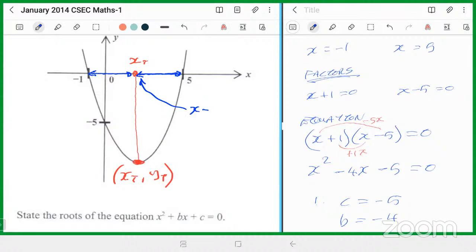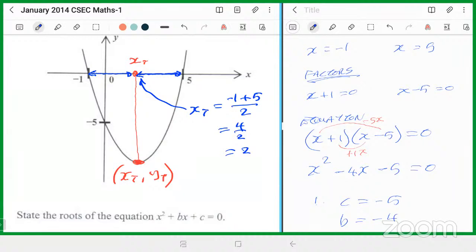So the xt value becomes equal to the average of these two values. So it is -1 plus 5. Average them over 2. 5 minus 1 is 4. So you see it becomes 4 over 2, which is still equal to 2. So we use the nature of the axis of symmetry, that the points are equidistant from it on either side of the graph.